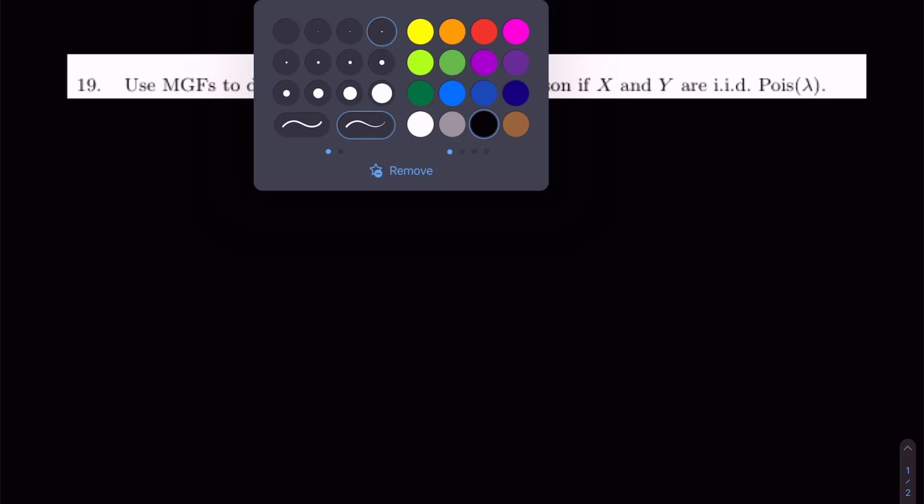Let's start by defining W being equal to X plus 2Y, and in that case, if W is Poisson, then the expected value of W is equal to the expected value of X plus 2Y.